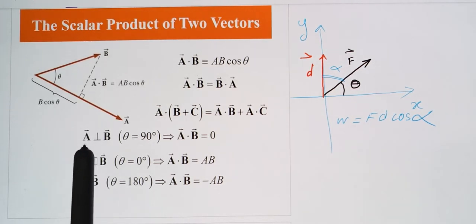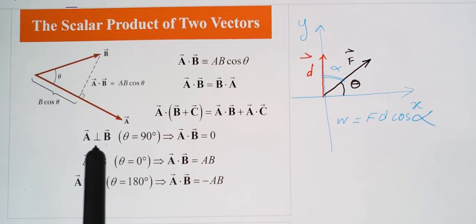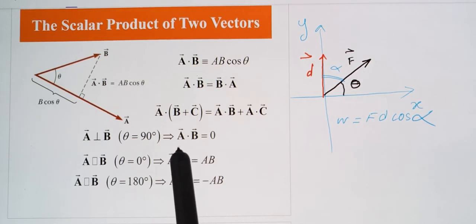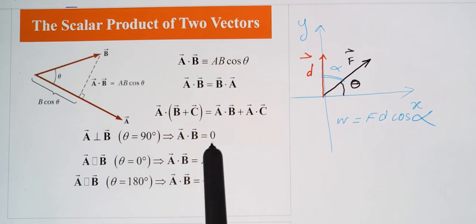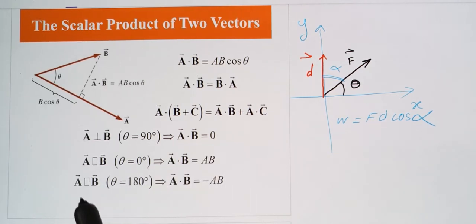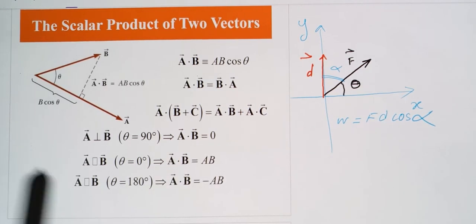Suppose that A and B are perpendicular to each other, then right away their dot product will result in a 0. That's correct. Cosine 90 is 0.